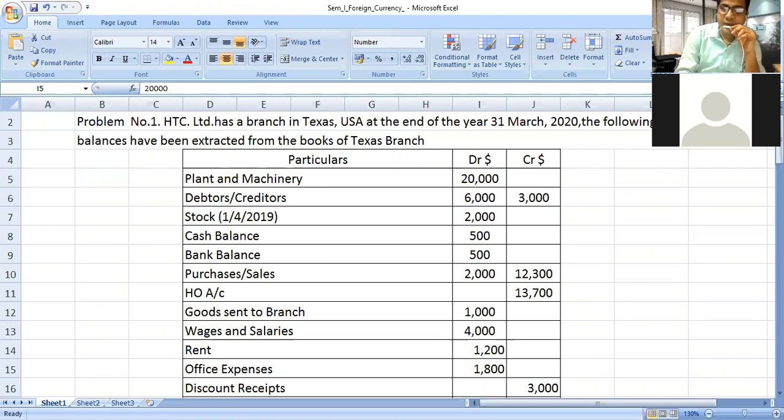Now, integral branch accounting and non-integral branch accounting. What is the difference between integral and non-integral? That also we have discussed. Integral branch foreign operation or integral branch accounting means the dependent branch, and non-integral means the independent branch.